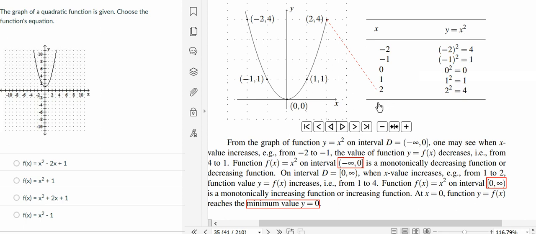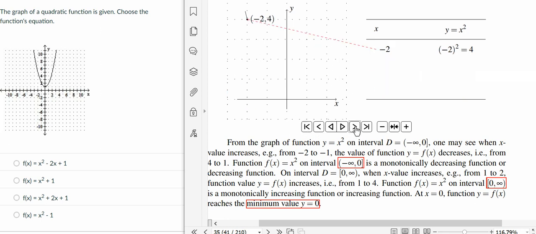We see here, let's do it frame by frame. When x equals -2, you plug in here, -2 squared, which is 4.